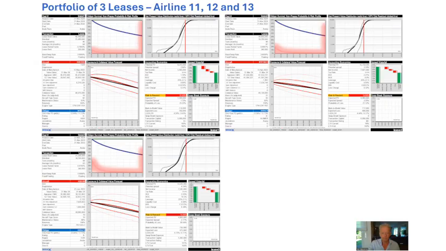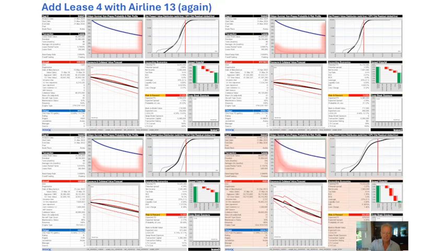So if I have now a portfolio of 3 leases already, so this is lease 1, lease 2, and lease 3. So these are the leases that I had in my earlier demonstration. Okay. And then to this portfolio of existing deals, I add a 4th lease.